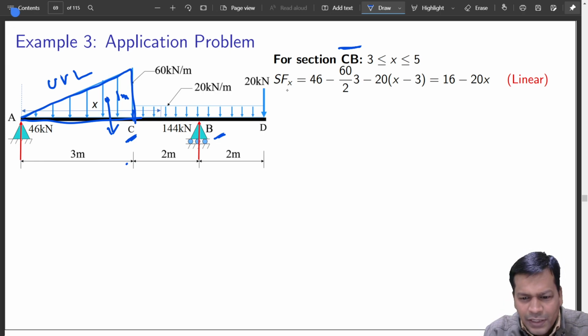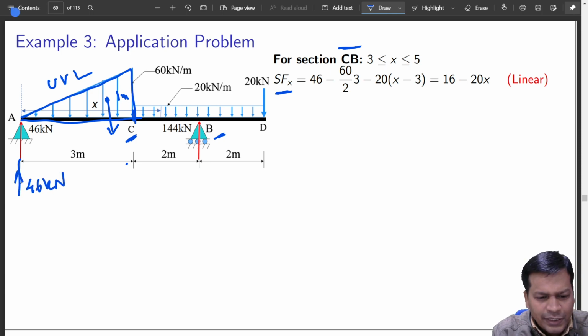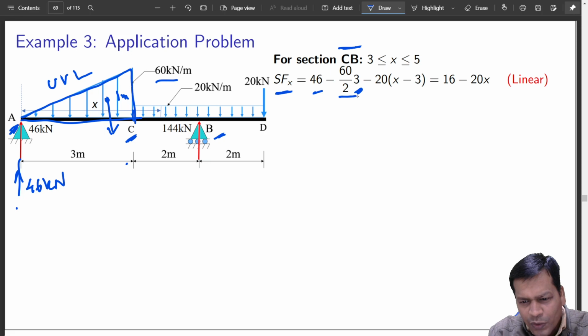And shear force now. So this is the 46 kilonewton load that was acting upward at A, RA you calculated. So 60 plus 0 by 2, that is the load acting over a distance of 3 meters. So that is the total load acting downwards.